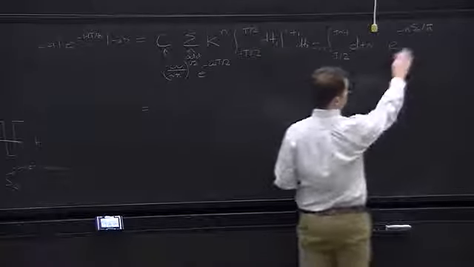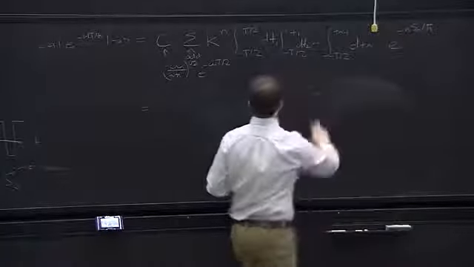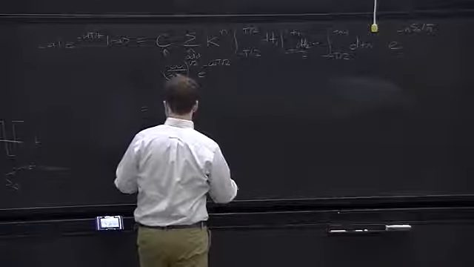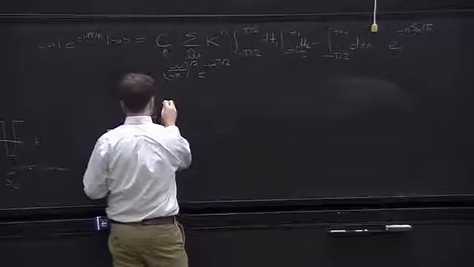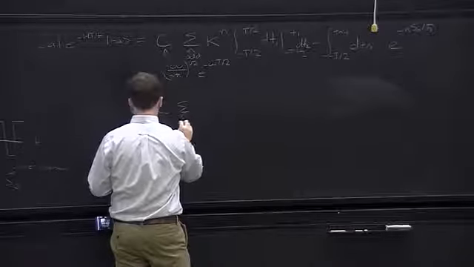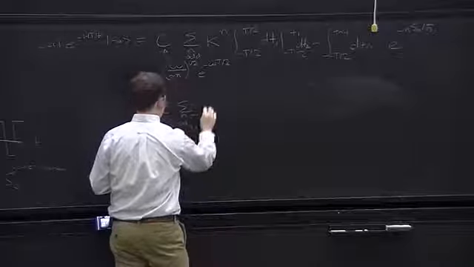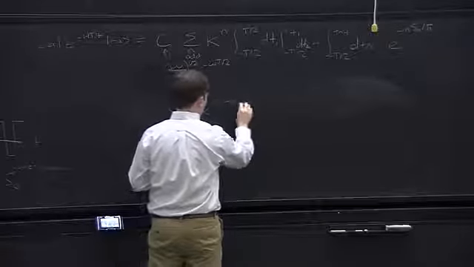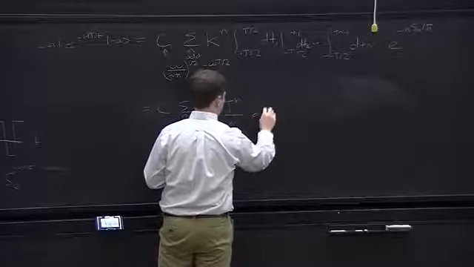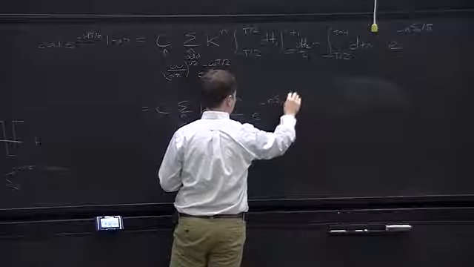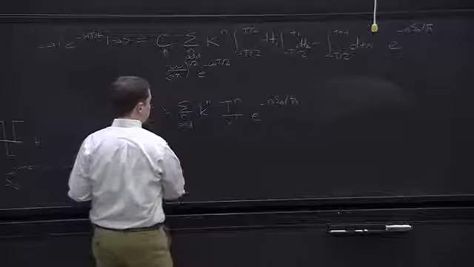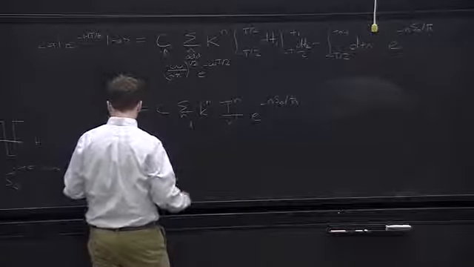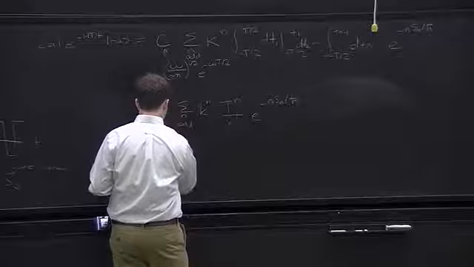So we can simplify this because S naught is independent of t. This is just an integral we can do. And if we evaluate that integral, we get t to the n over n factorial. So this just gives us a sinh.